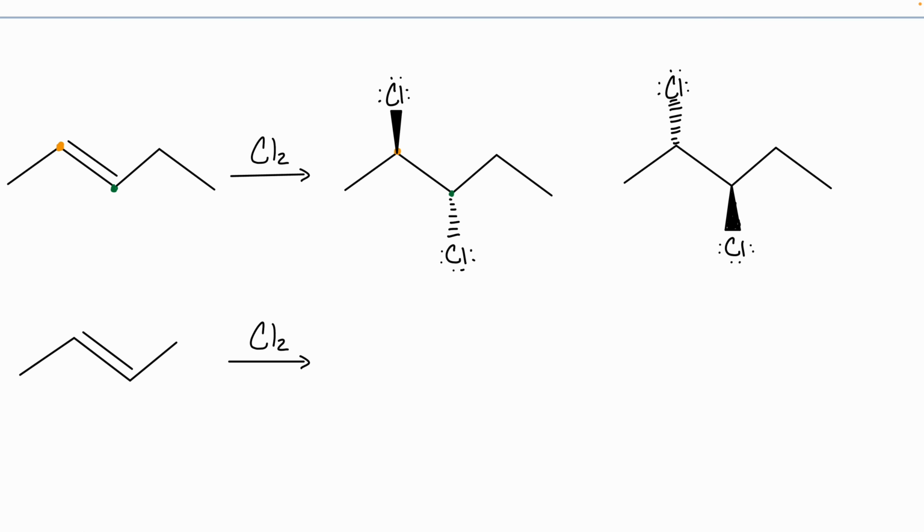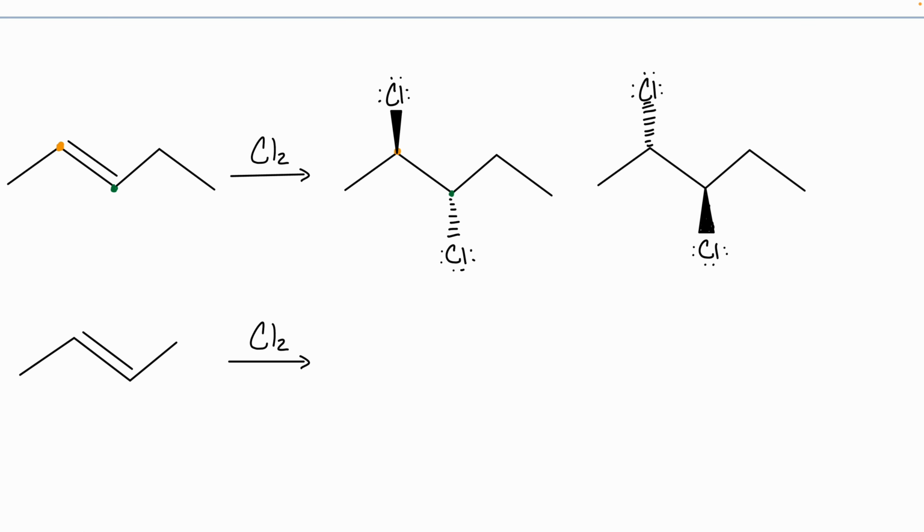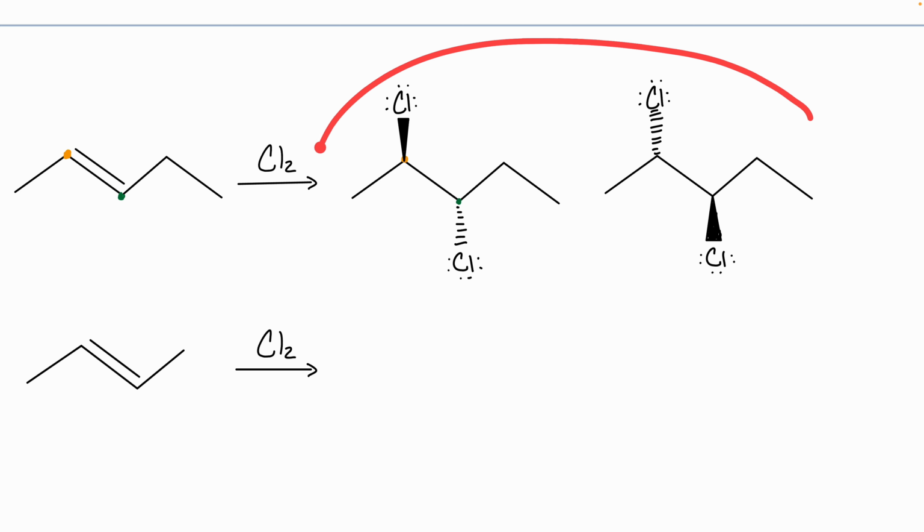All right, so here are my 2 enantiomers. To be clear, why do I have to include my dashes and wedges? Because we only got a small subset of the stereoisomers produced.